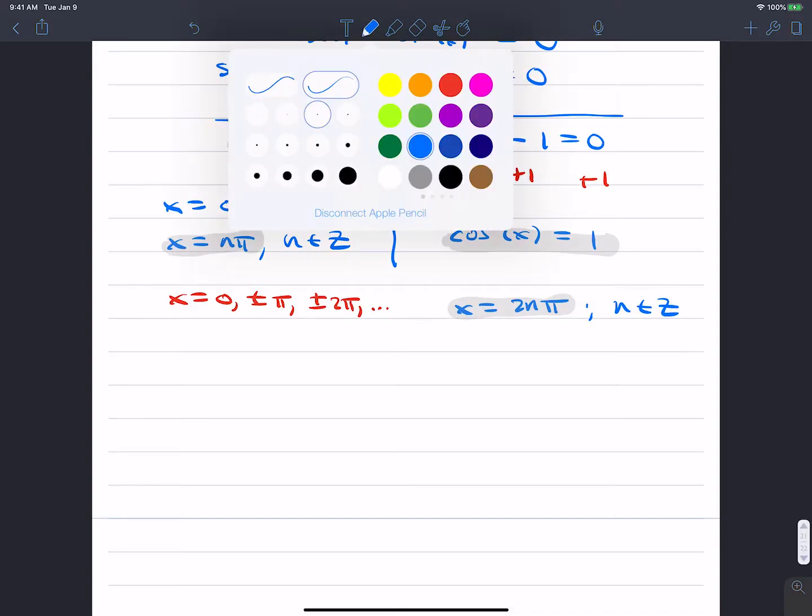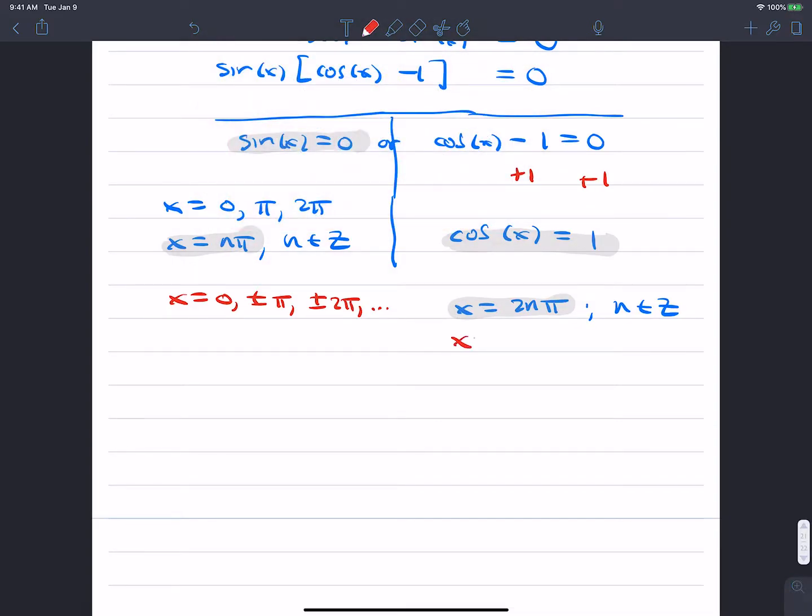We're going to look at some of these values, and let's be careful here. Can n be 0? What's cosine of 0? n could be 0, is that right? Yeah. So we're going to say 0, plus or minus 2 pi, plus or minus 4 pi. So double check, I think we're okay.